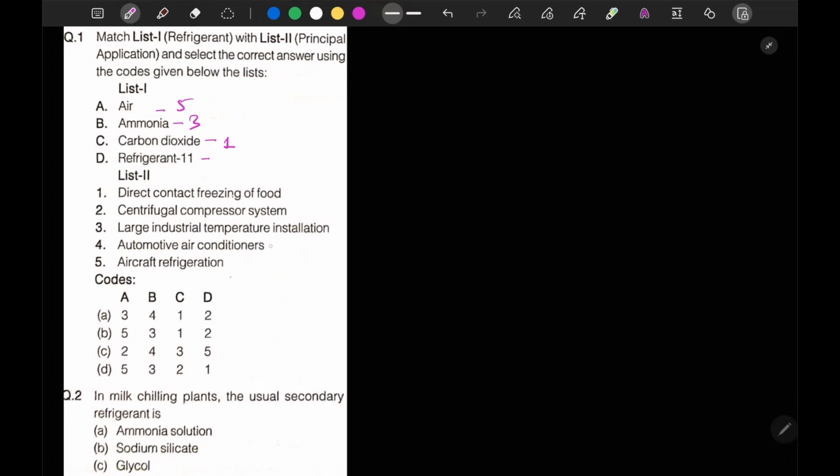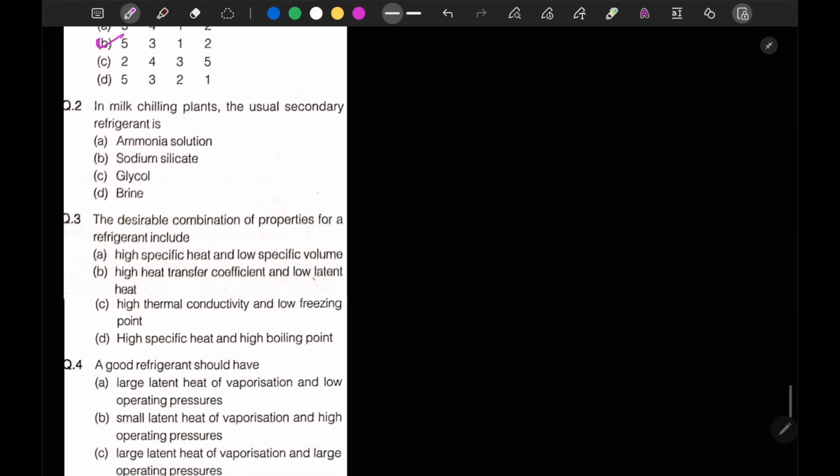Now we know that in automotive air conditioning we use R134a. Okay, so R11 must belong to the centrifugal compressor, so option B. Okay, next, in a milk chilling plant the usual secondary refrigerant, I told you, is brine.